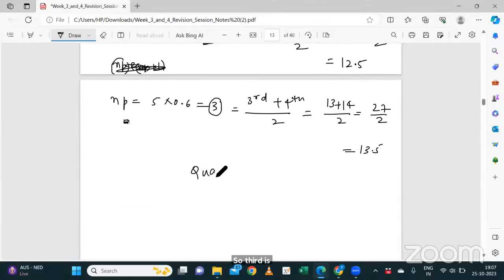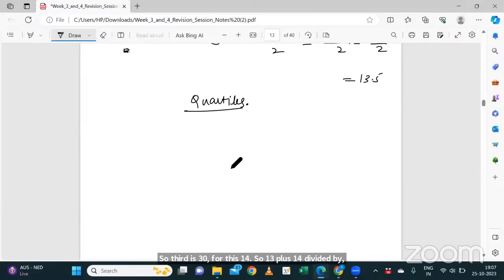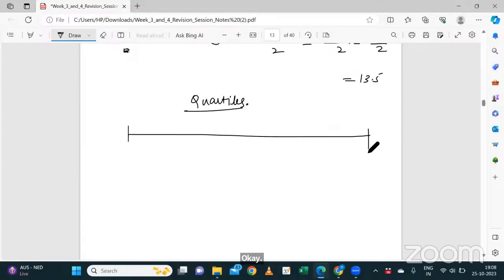So next one is the quartiles concept. What do you mean by quartile? Quarter, one-fourth part of the data set, right? Basically, quartiles divide your data set into 4 equal parts. Suppose this is your data set.